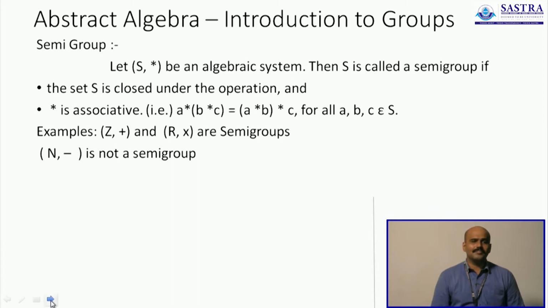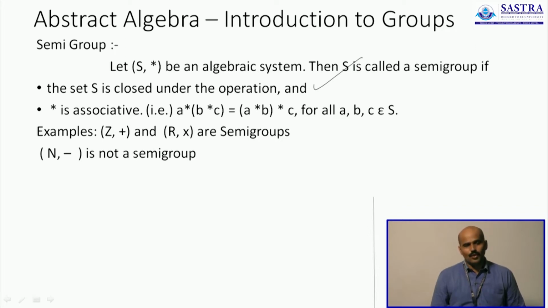Further, we classify algebraic structures into 2 minor categories and a major category called a group. The 2 minor categories begin with what we will refer to as semi groups. Now, as the name suggests, it is half of what can be called a group. An algebraic system is called a semi group if, number 1, the set must be closed under the operation star. What do we refer to as closed?